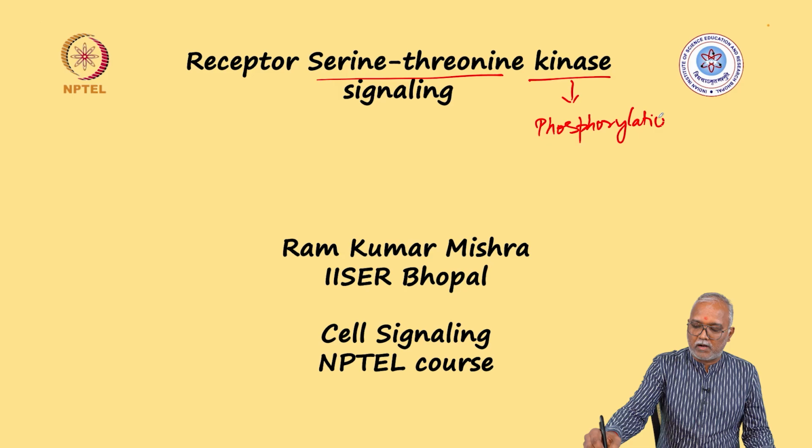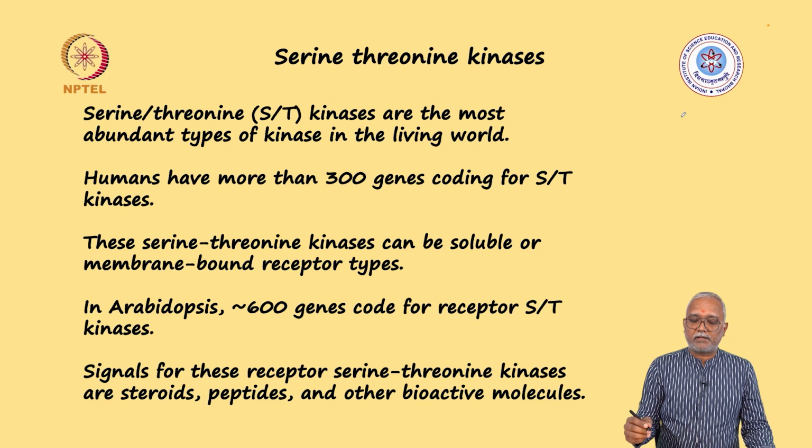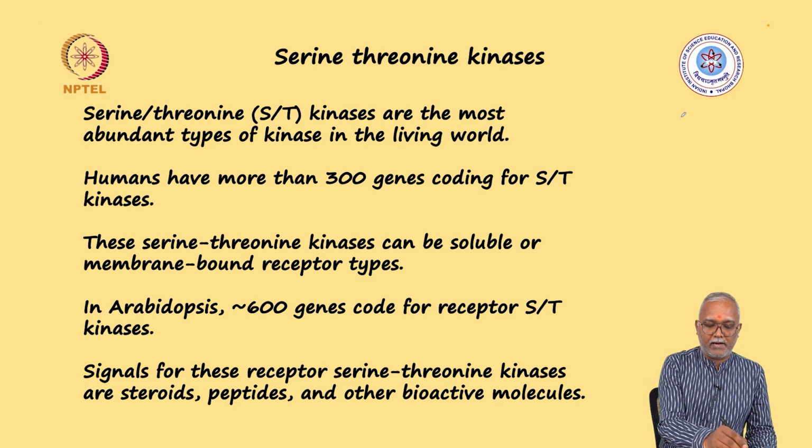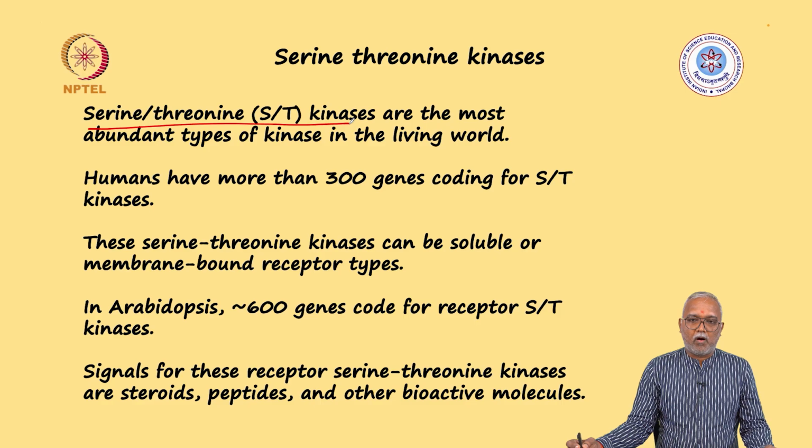If you recollect our earlier discussions in the classes, these are the most abundant type of kinases which are present in the living world. All different life forms have these kinases and largely deal with them for multiple of their physiological processes.